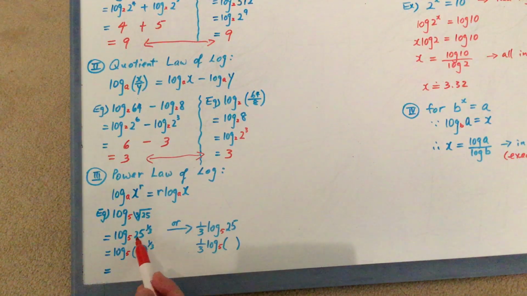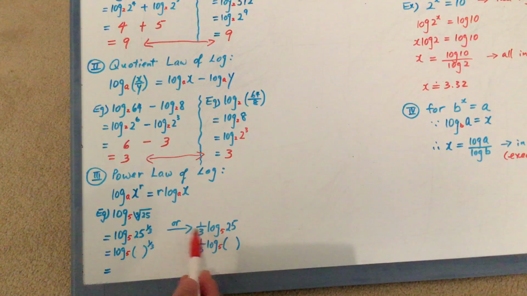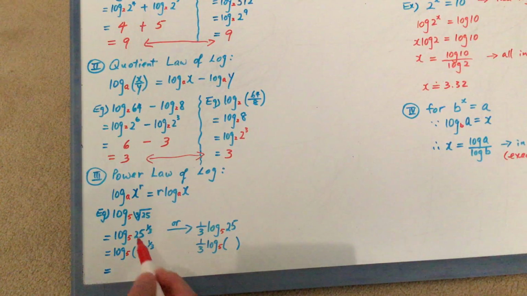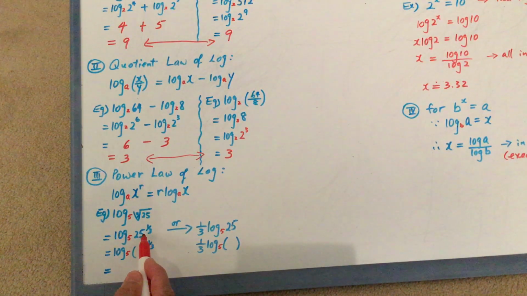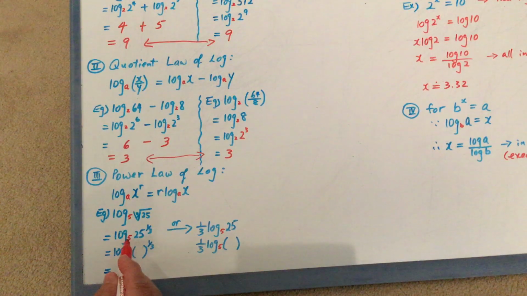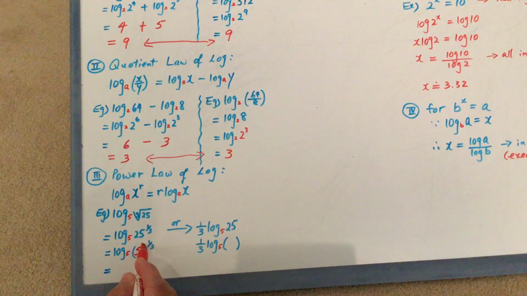If you look at this one here, I just want to show you how this is equivalent by changing the 25 into a 5, because I have a 5 here. So 25 can go as a 5 to the power of 2 to replace that 25 here.